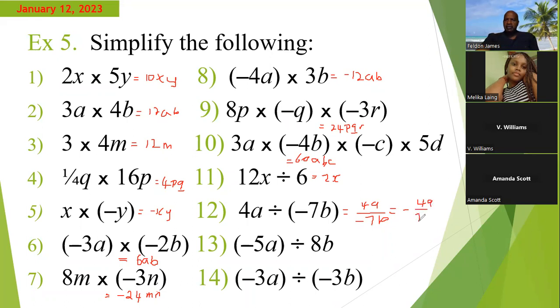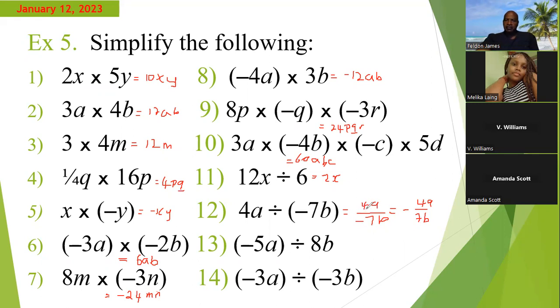And I would like you to note that for the answer, I position the negative sign in front of the fraction bar. Everybody notice that? In that case, we are saying the entire fraction is negative now.